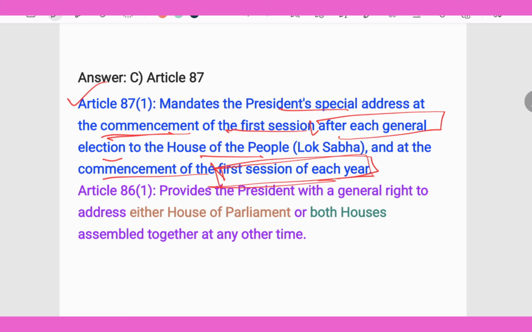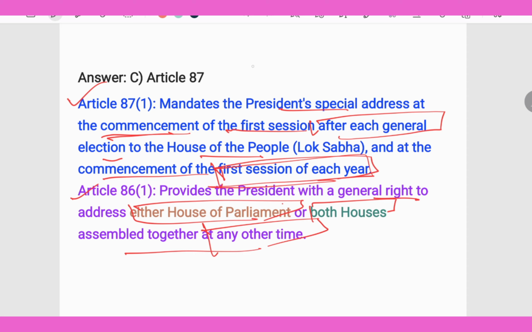Remember, first session of each year. Article 86 provides the President with a general right to address either House of Parliament or both Houses assembled together at any other time. Remember, first session after each general election and first session of every year.